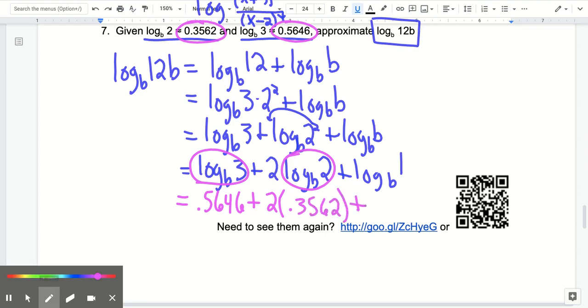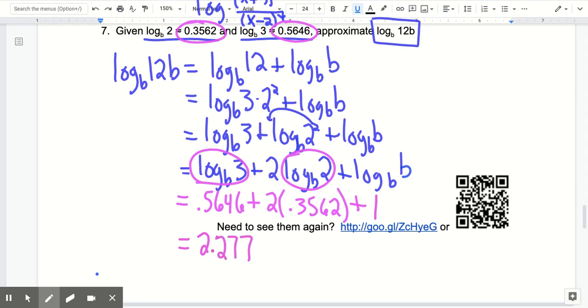And then lastly, log base b of b, that's just 1. Okay, so now I've got these all in completely normal numbers. I'm going to grab my calculator and add them all up. And we get the final answer of 2.277. So again, just getting some practice with those properties of logarithms because they're going to be super helpful in the next lessons.